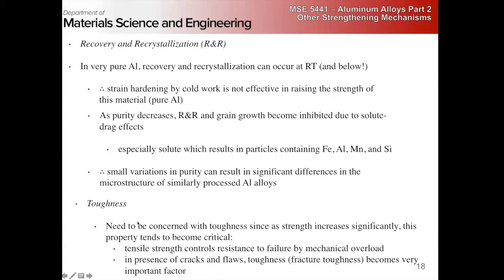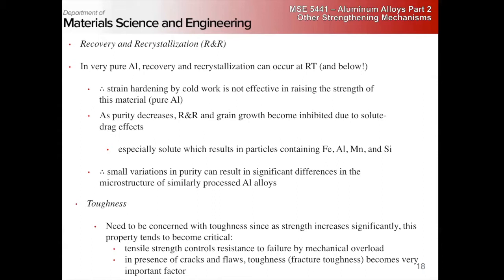Toughness is also a primary design criteria that we need to worry about. Right? So toughness. What do we think the microstructure features that control toughness are going to be? Is cracking in aluminum going to be ductile or brittle for the most part?